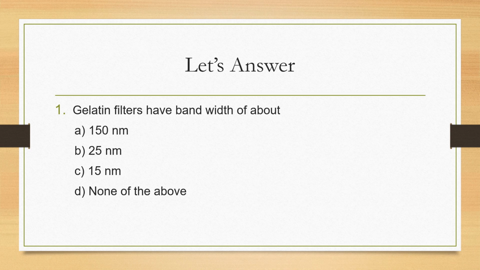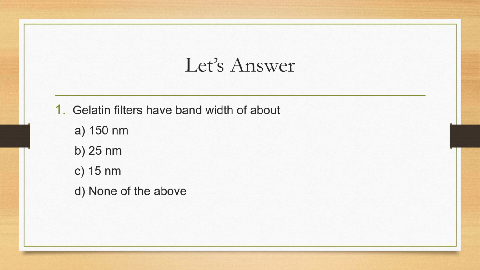Let's answer a few questions related to this topic. First one, gelatin filters will have bandwidth of about A, 150 nanometers, B, 25 nanometers, C, 50 nanometers, D, none of the above.